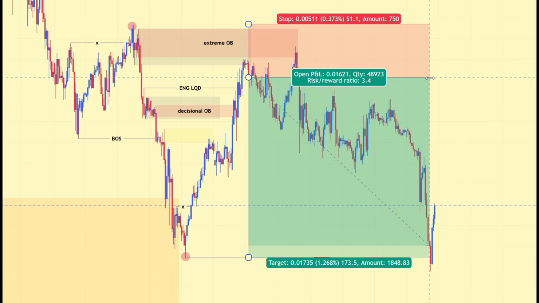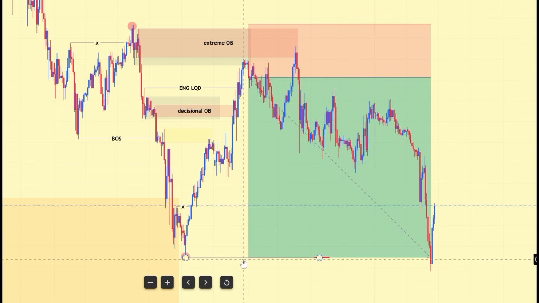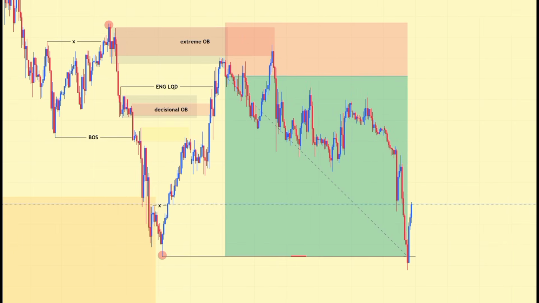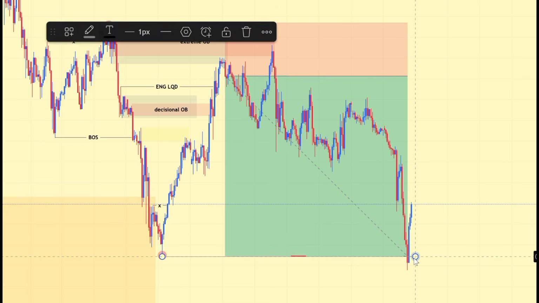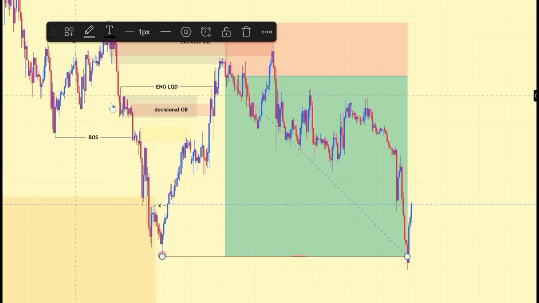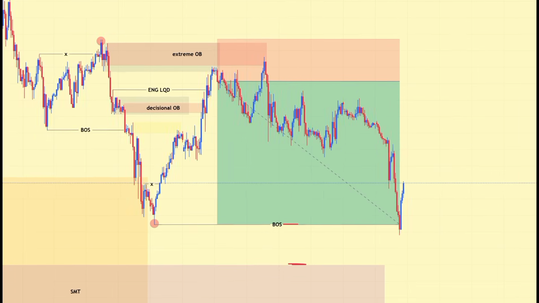You can clearly see exactly here price made it to TP1. So in this case my TP1 is hit, and yeah, price has made a break of structure, of course, on the internal structure. So yeah, that is what we call a break of structure.